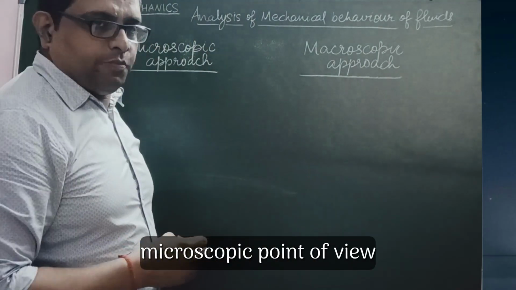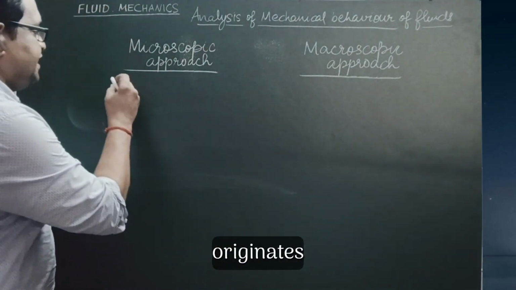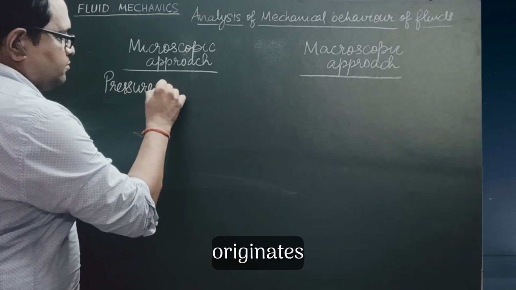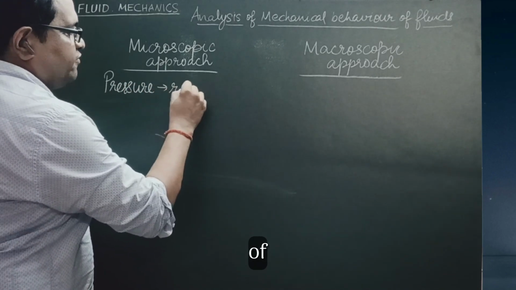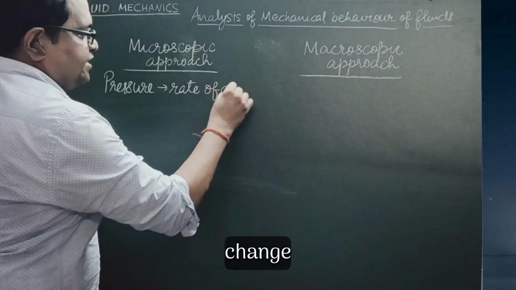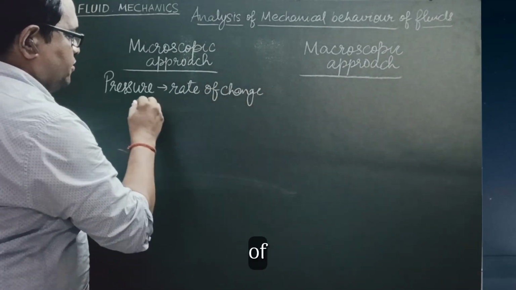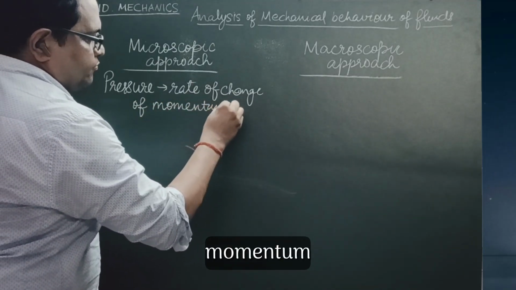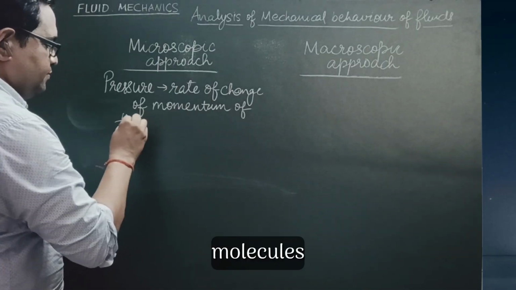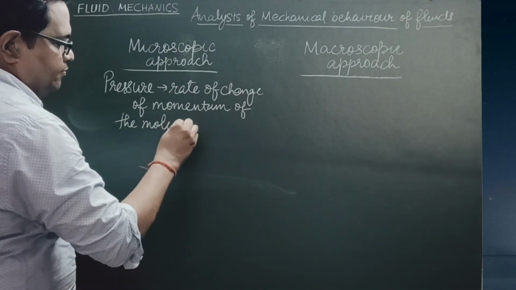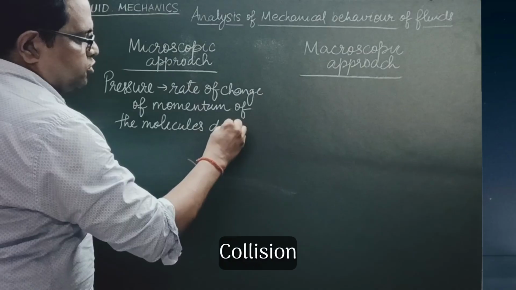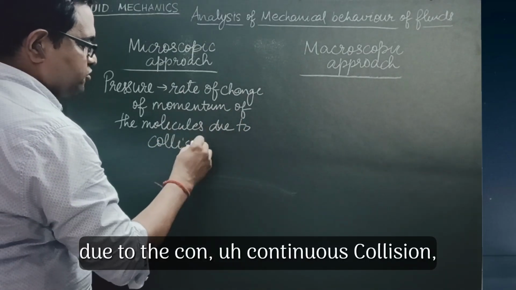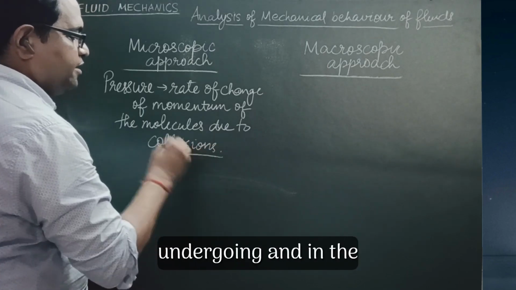So in the microscopic point of view, pressure originates due to the rate of change of momentum of the molecules due to the continuous collision which the fluid molecules are undergoing.